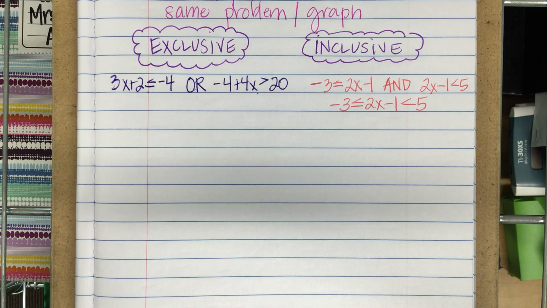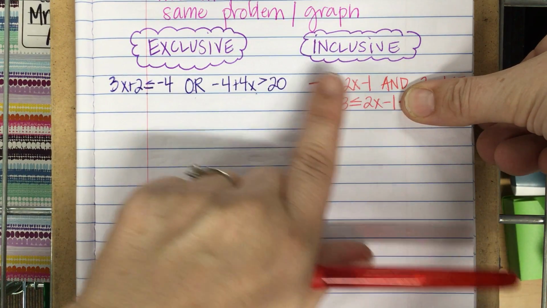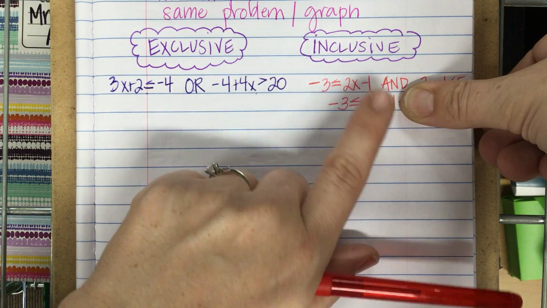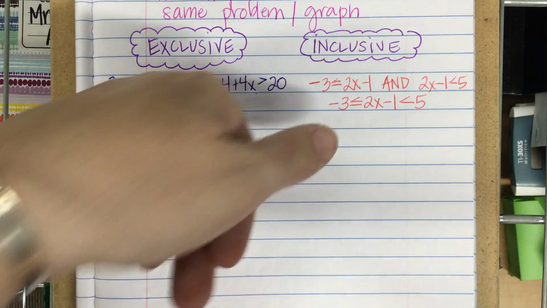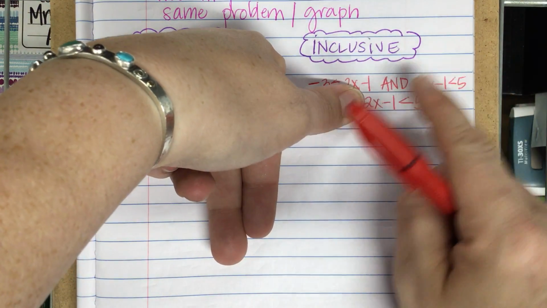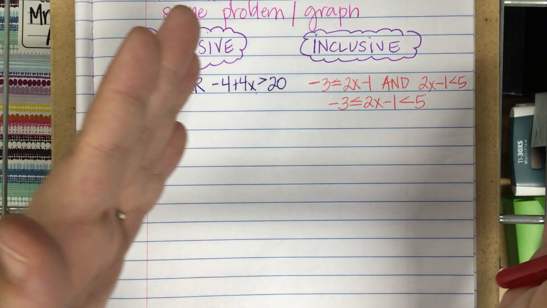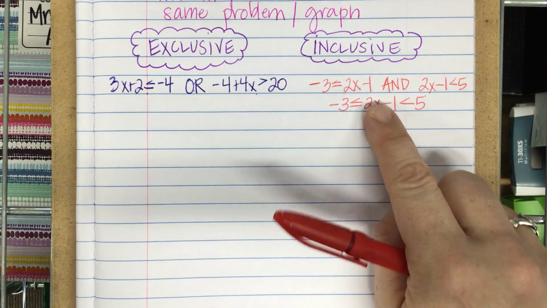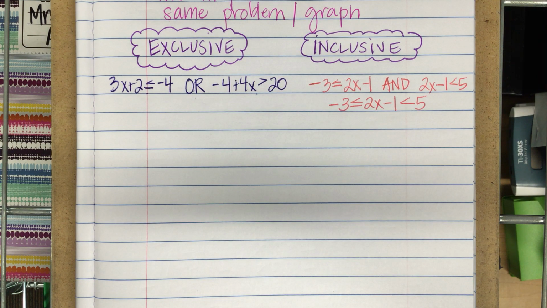And if you look, it's the same thing. Does this problem match this inequality? Do these match? And then if I cover up this, do these match? So I just smushed them together because they can share that part. Exclusive or inclusive, right? Two types. And when you solve exclusive or inclusive, it's just regular old solving like we've been doing.